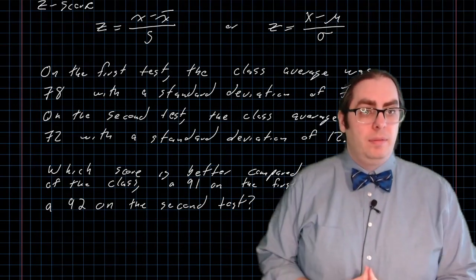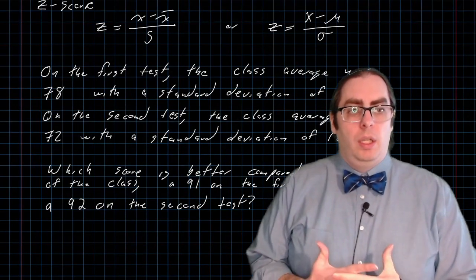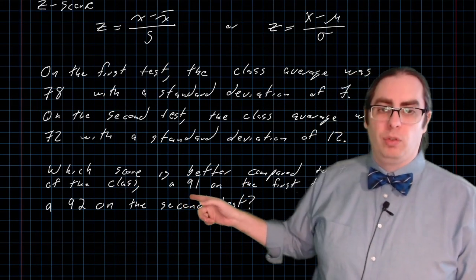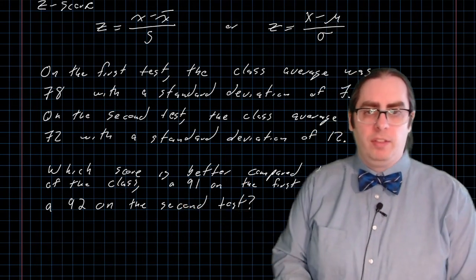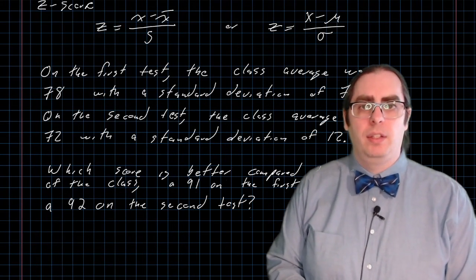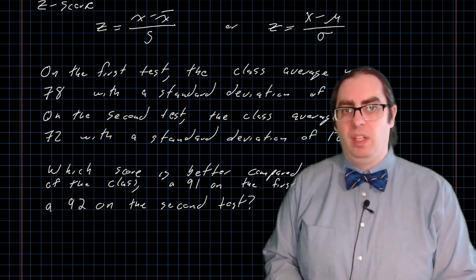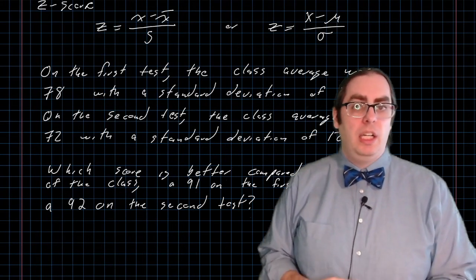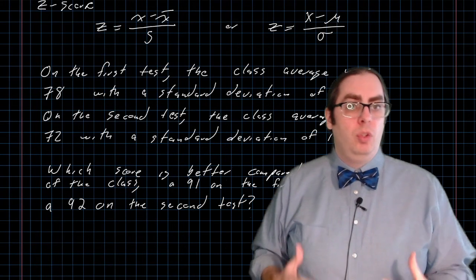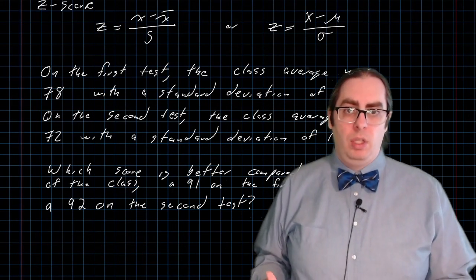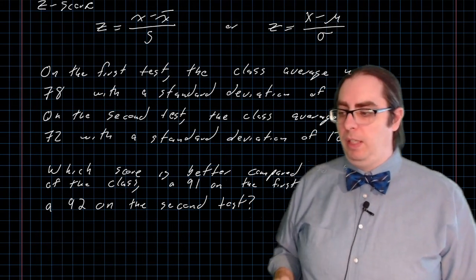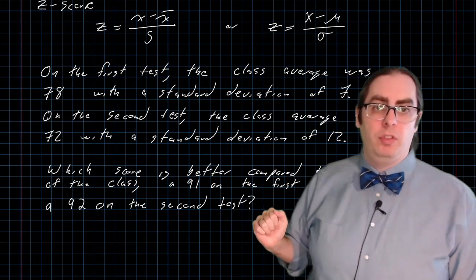Now, again, as far as raw scores go, a score of 92 is a higher score than a score of 91. That's obvious. There's nothing changing about that. That's not the question I'm asking. The question I'm asking is, if you think about the other students in the class, is it more likely that you scored better than a classmate if you scored a 91 on the first test?